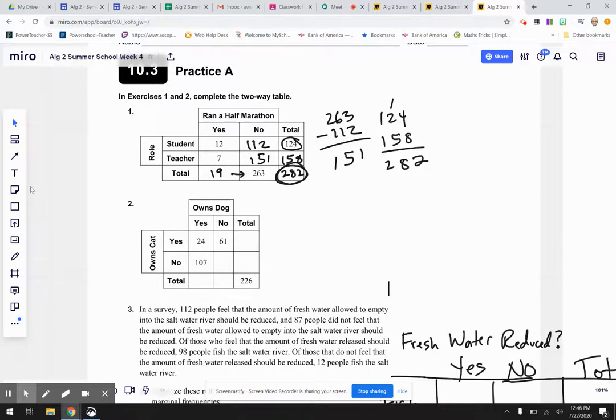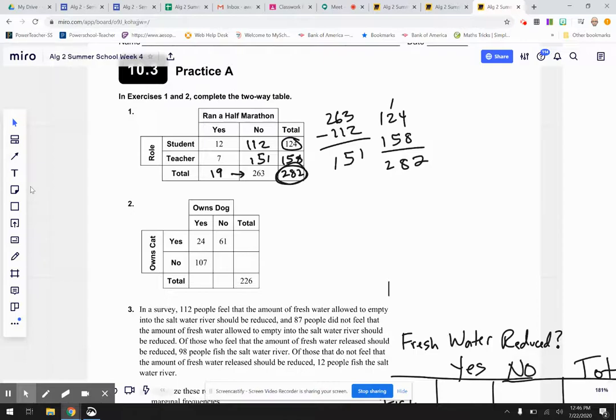The second one, we're talking about dog owners and cat owners. Again, you could fill in the different pieces. If they've given you how many people own a cat that also own a dog or do not own a dog. So you've got 24 people that own a cat and a dog.